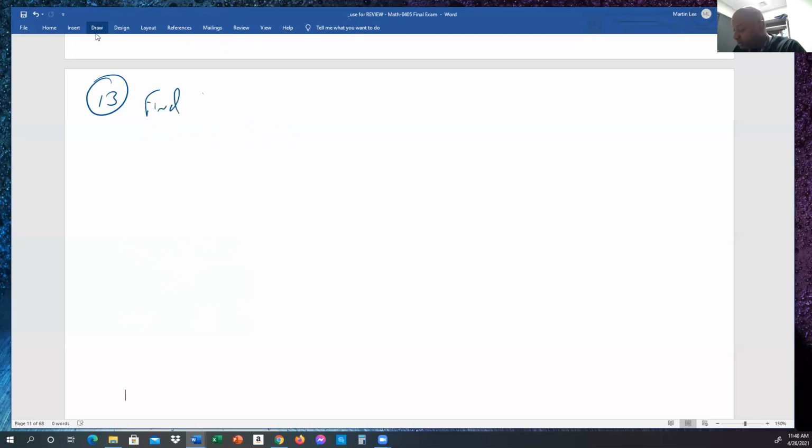So, find percent of increase. She started at 36 words per minute, and then by the end of the course, she was up to 97 words per minute.